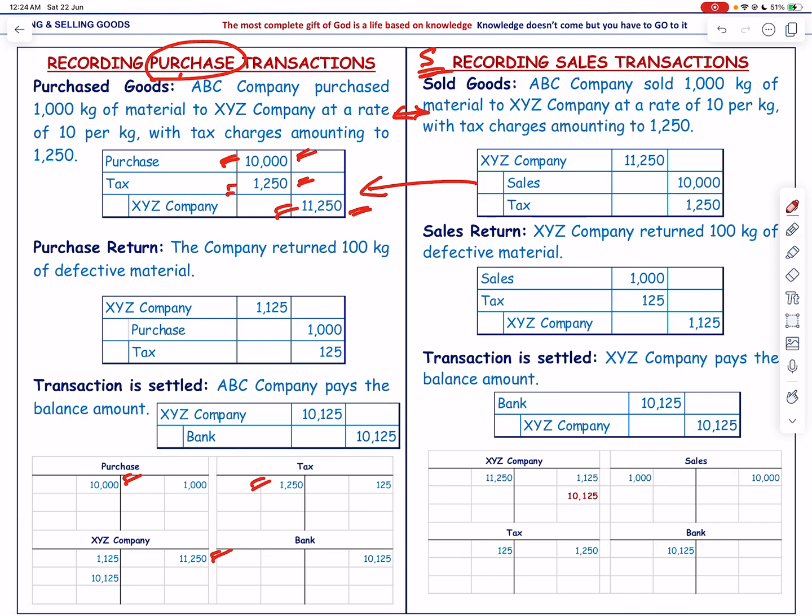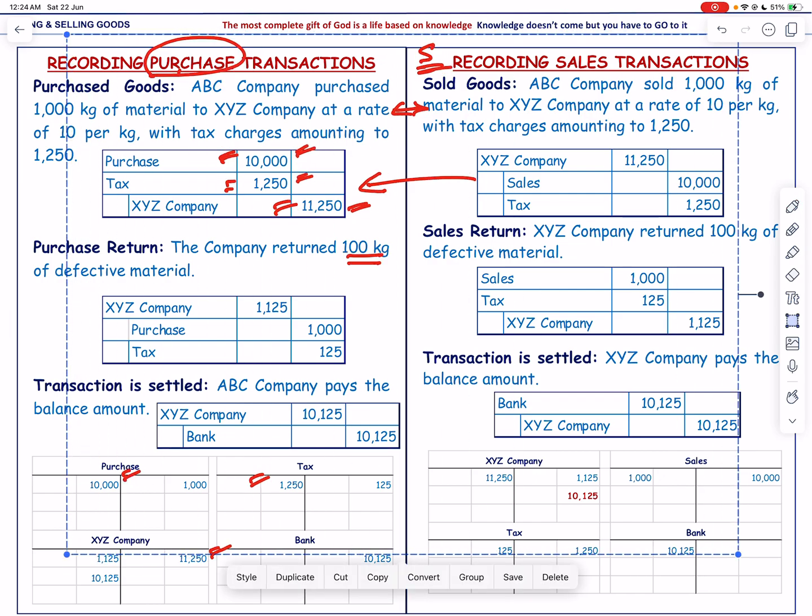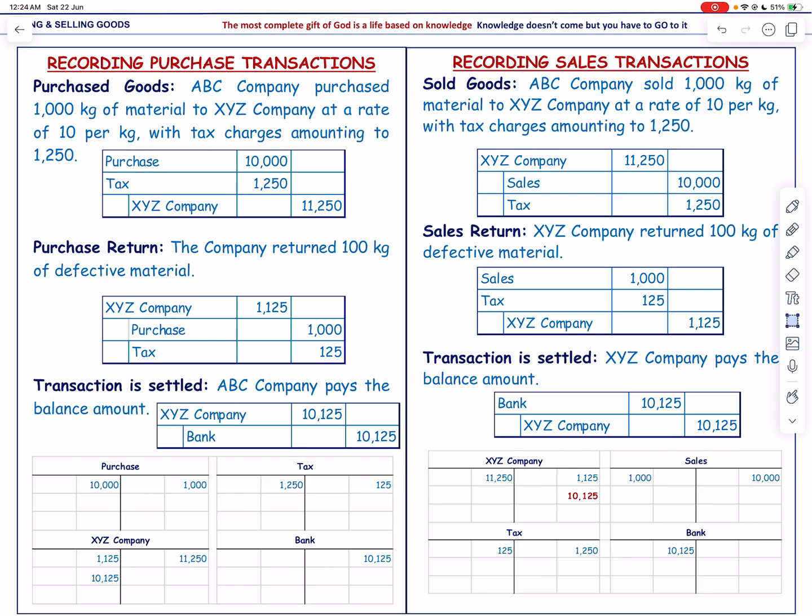Now, the company returns 100 kg of defective material, and in the event of purchase return, the accountant is going to reverse the initial purchase journal entry to correct the recorded purchase.